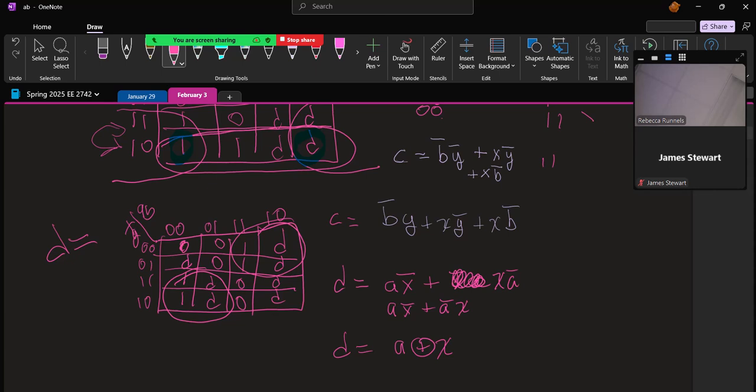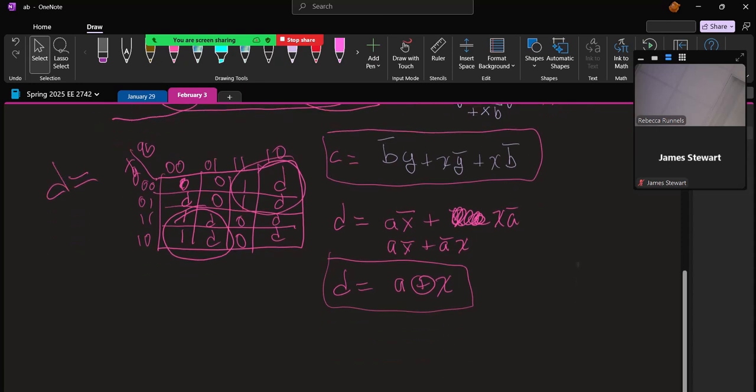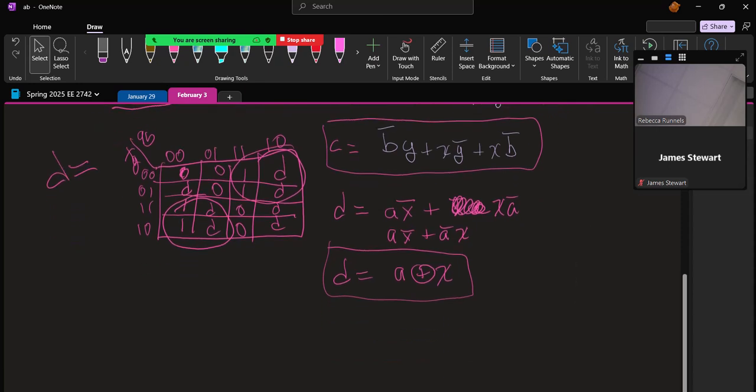Okay, so then I look at my two functions and I figure out what chips I need. I'll draw the circuit first. So I have, let me write it here, C equals B bar Y plus X Y bar plus X B bar.